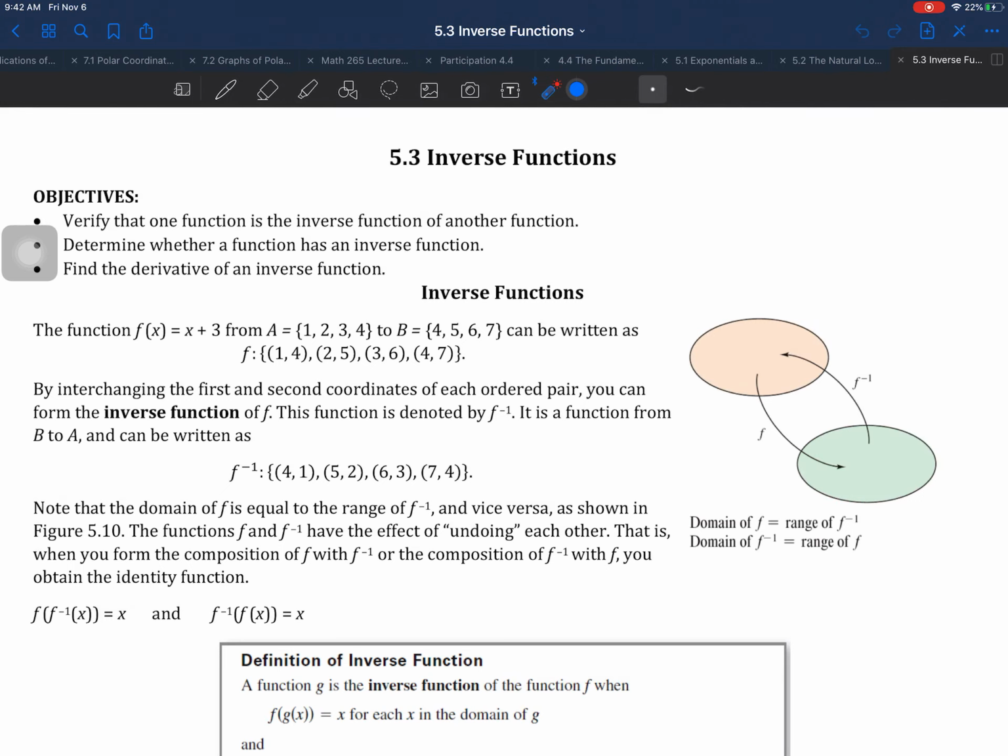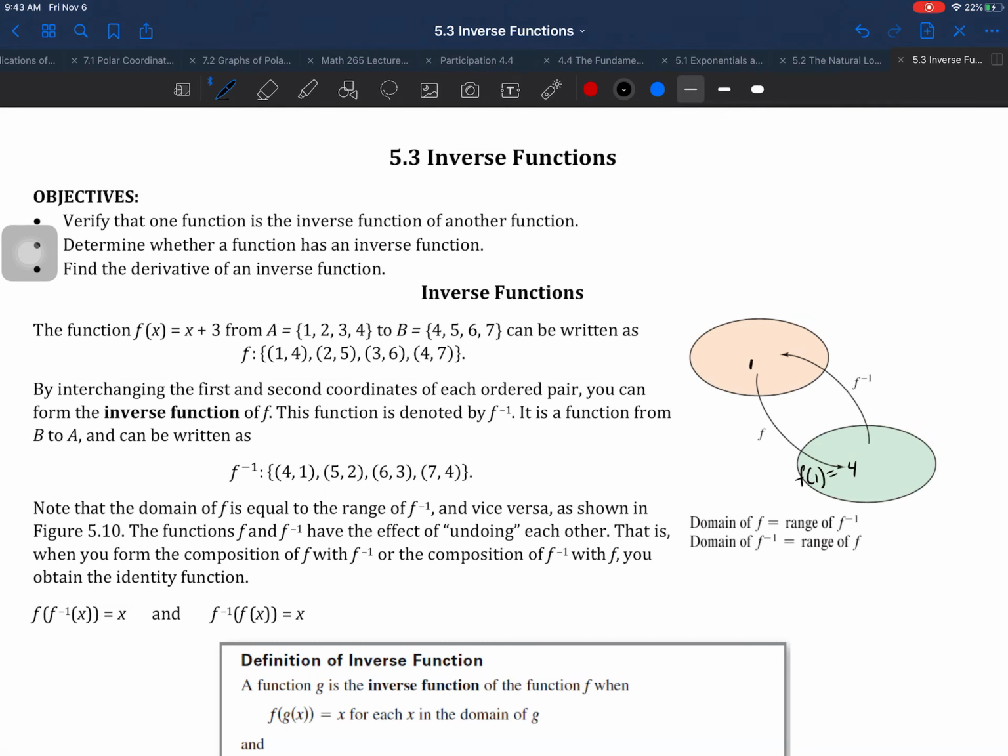But what's going to happen when we talk about the inverse is that it undoes what the function has done. So it's going to map the number back to its original number. For example, in this problem, we had 1 being mapped to 4, so f of 1 equals 4.